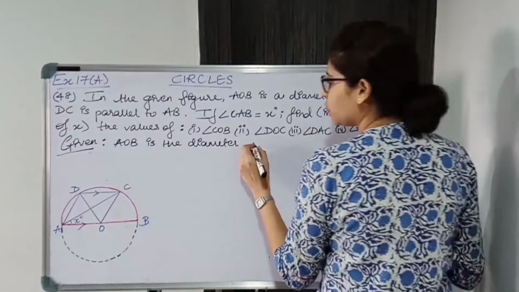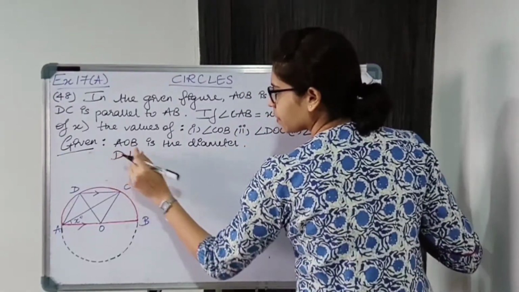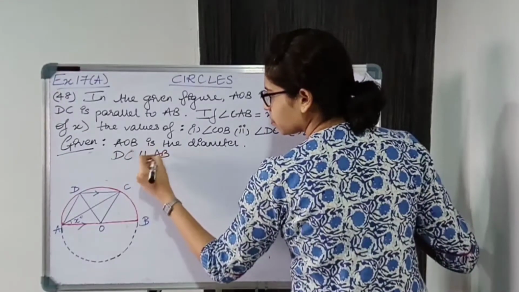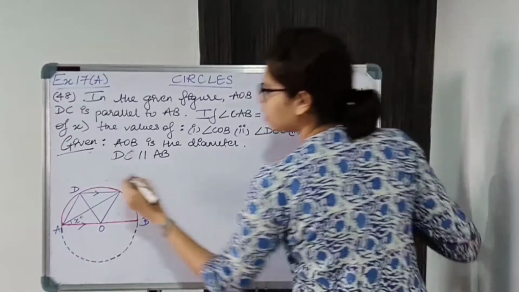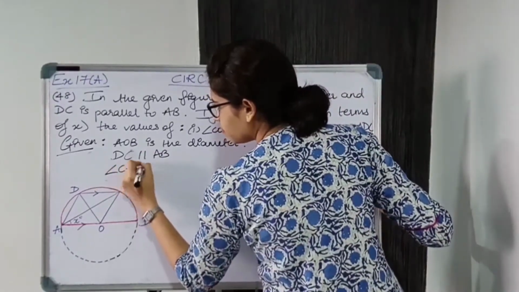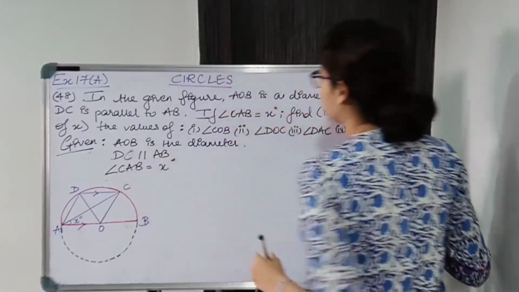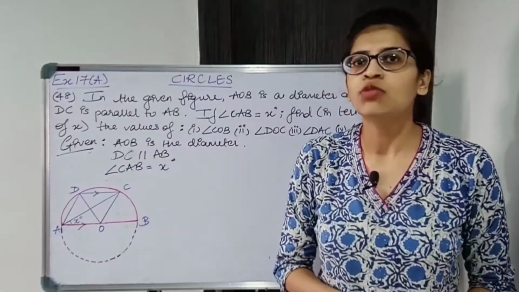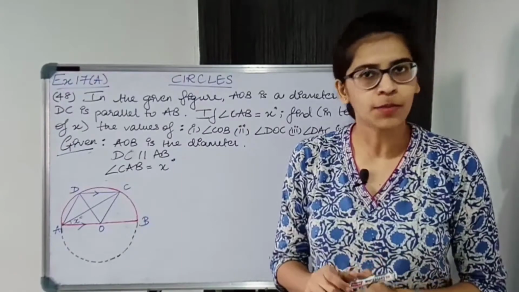DC is parallel to AB. And angle CAB is equal to x degrees. Find in terms of x. In terms of x find karna, we don't have to find the actual measures of the angles.